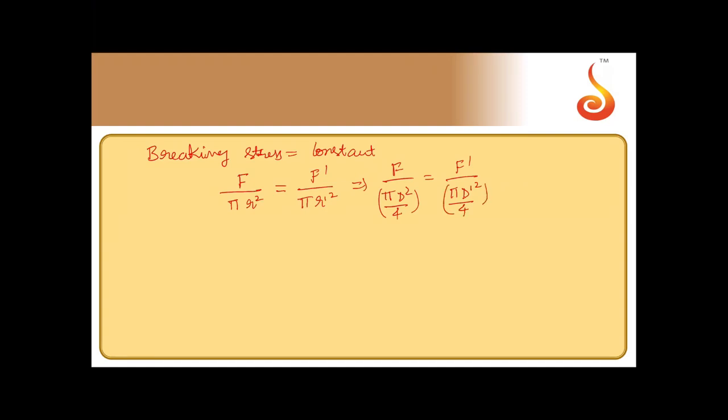So, from this what you can conclude is F dash by F is equal to d dash by d whole square. So, F dash is equal to F into d dash by d whole square.